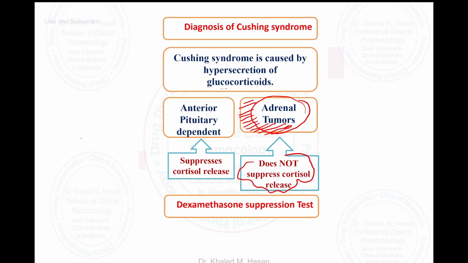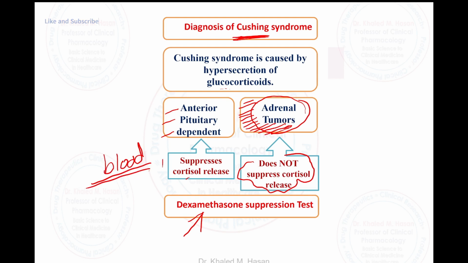On the other hand, the reason for the Cushing syndrome, an increased level of cortisone in our body, could be anterior pituitary dependent, with a tumor or hyperplasia there. When you prescribe dexamethasone to the patient, the dexamethasone will suppress the release of cortisone. So you prescribe dexamethasone to your patient, and if the cortisone level in the blood decreases, here we talk about blood.